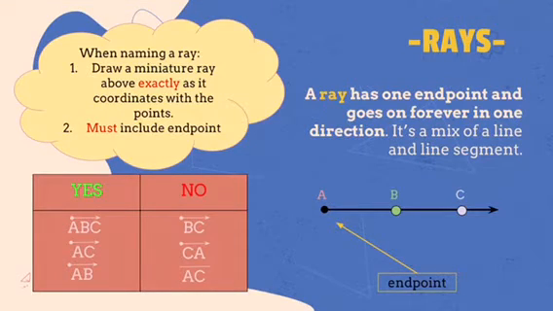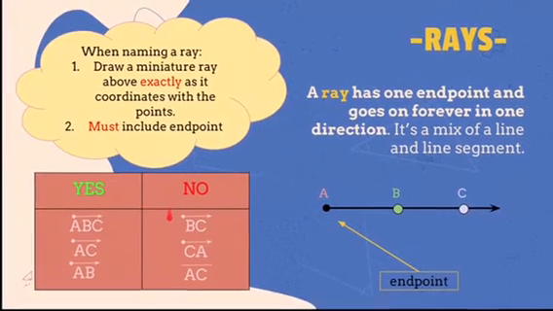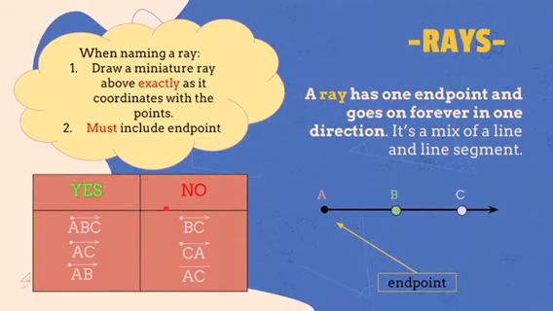Now, if we look at this name right here, we can see this is wrong because, as shown, B is the endpoint, which is wrong. A is the endpoint. Another way you could name this ray is ray AC or ray AB. The only thing you must remember is that the endpoint must always be included in the name.